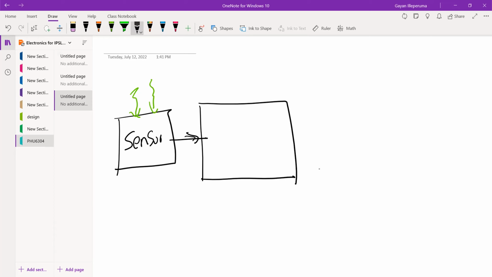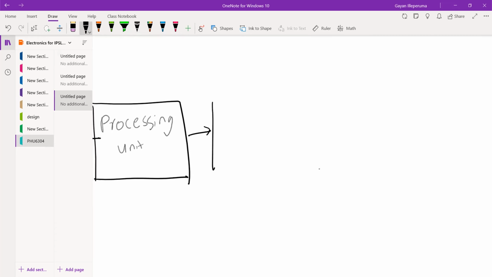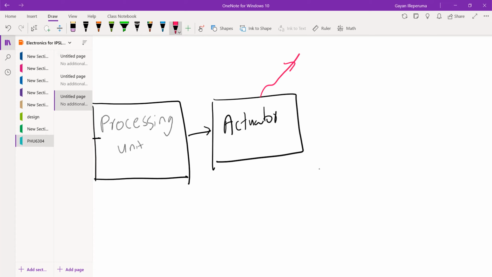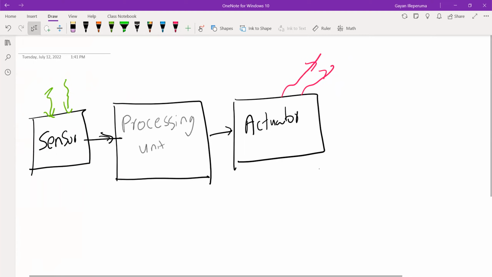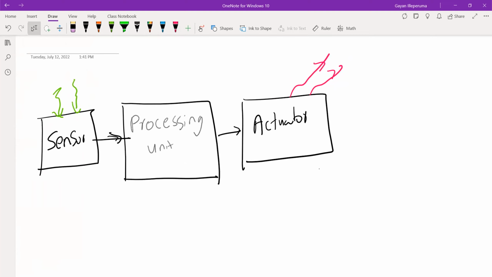Then the signal from the sensor will go to the processor. After that, you have the actuator, which outputs something. So these are the main types of blocks that we are going to discuss.